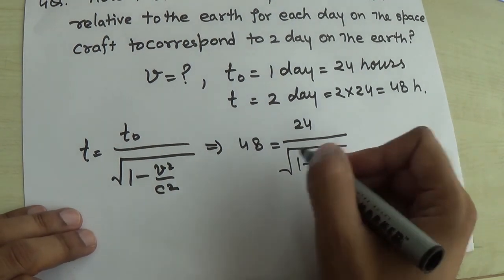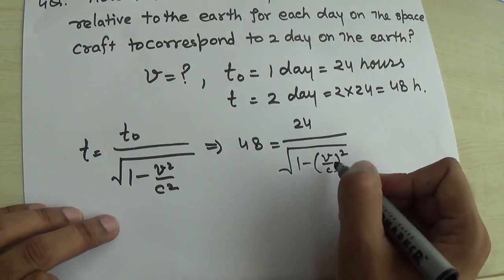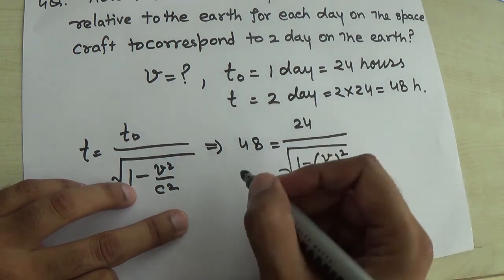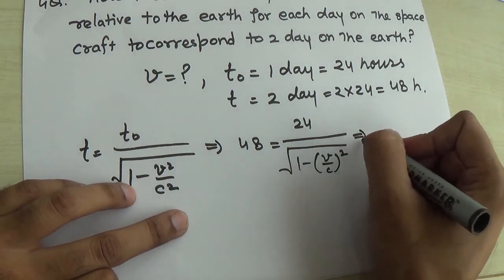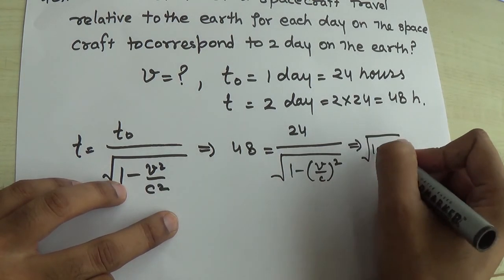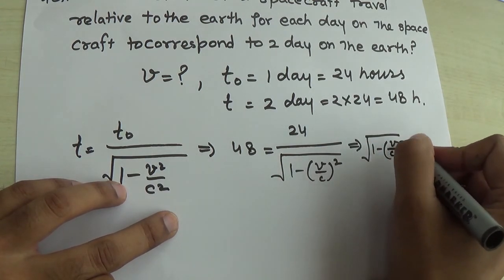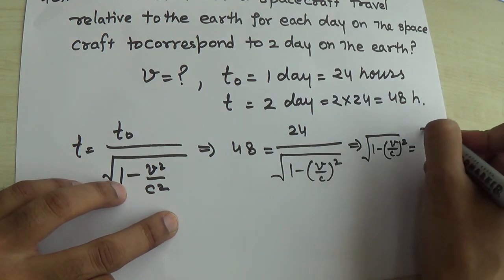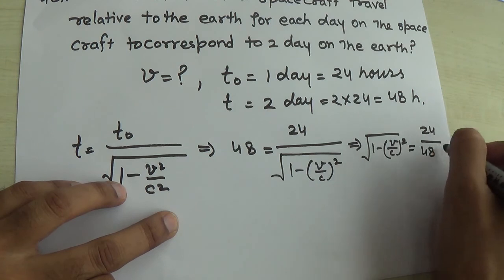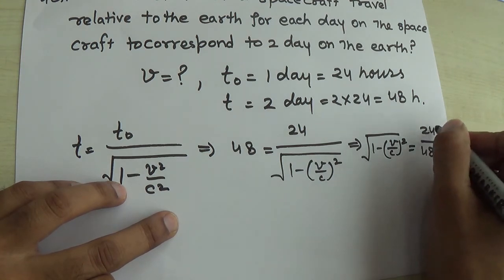Again rearranging the terms, because we have to find out V, as we have solved earlier, square root of 1 minus V upon C whole square is equal to 24 upon 48, so 1 by 2.